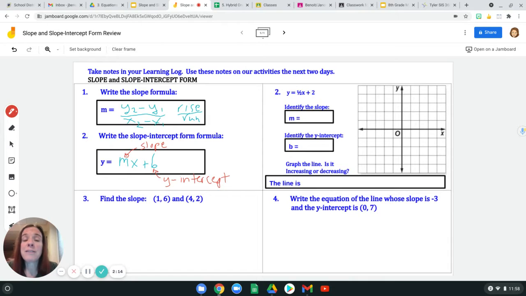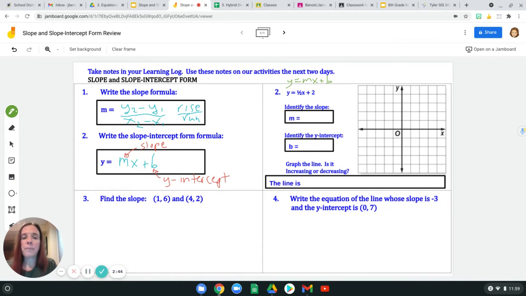Okay, so the kinds of practice that you're going to see over the next couple days, here are some examples. I'm giving you an equation in slope-intercept form in number 2. Y equals 1/2 x plus 2. Identify the slope. I think it helps when you're given the equation to write the general equation above it so you can identify those parts.